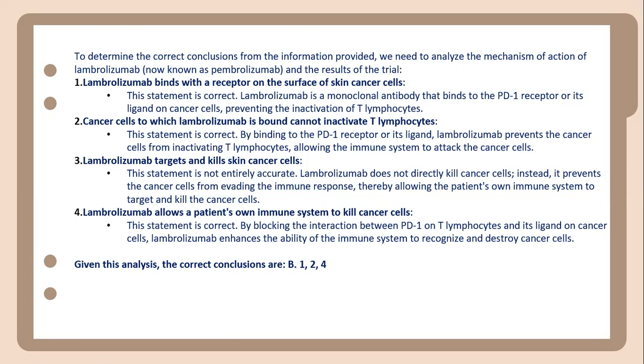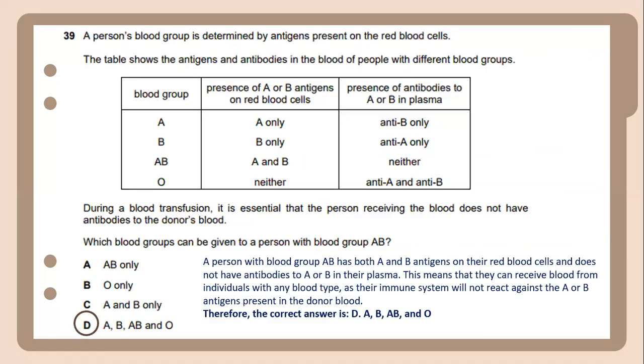And number 4 is also correct because by blocking the interaction between PD-1 on the T lymphocyte and its ligand on the cancer cell, pembrolizumab enhances the ability of the immune system to recognize and destroy cancer cells.